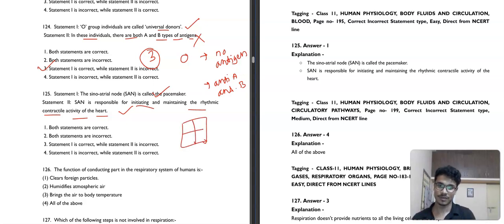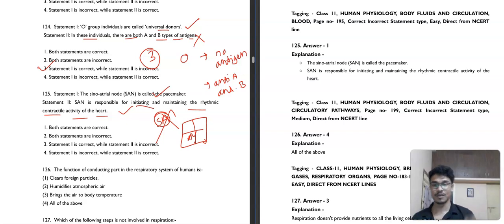You have the SA node, the AV node, and the Purkinje fibers. If the SA node doesn't work, will the heart pump?